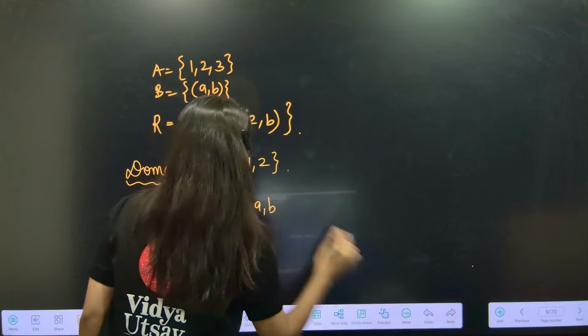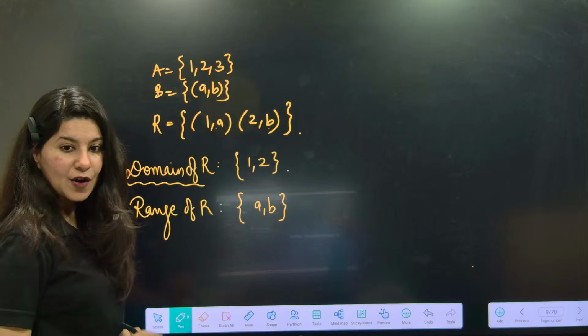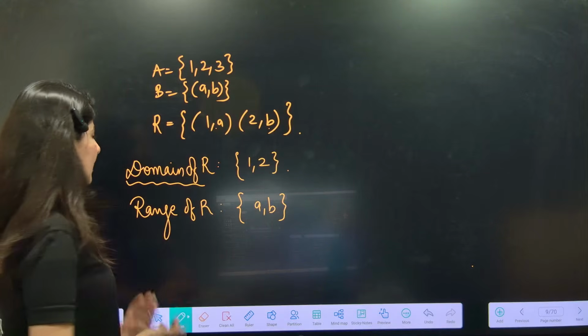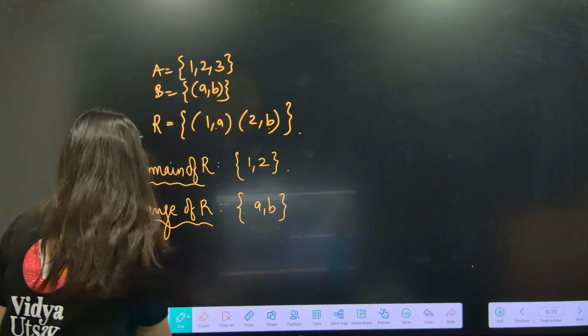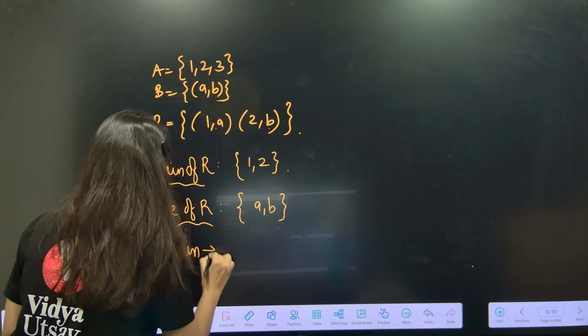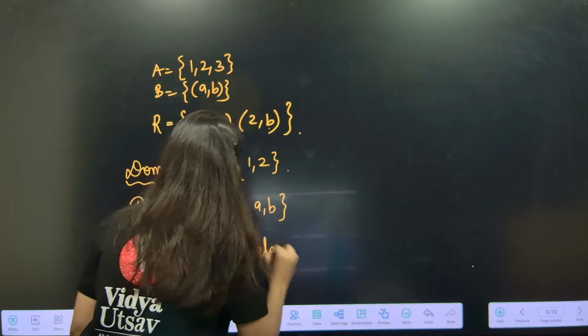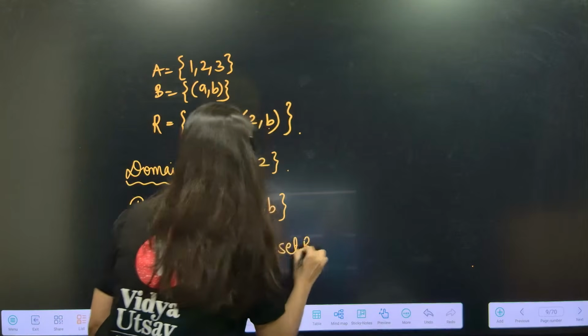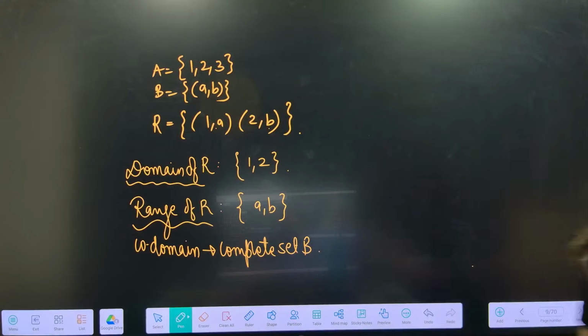Range means all the second elements of the relation, and all the first elements become the domain. And what about the codomain? The codomain is the complete set B. So now you know domain, codomain and range.